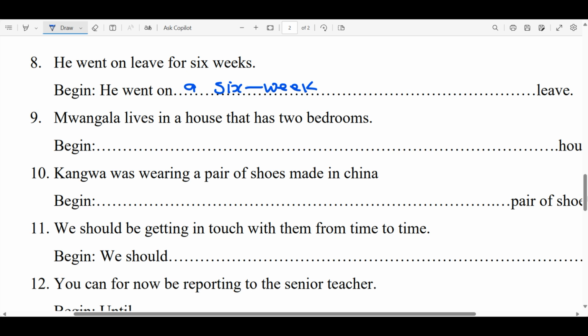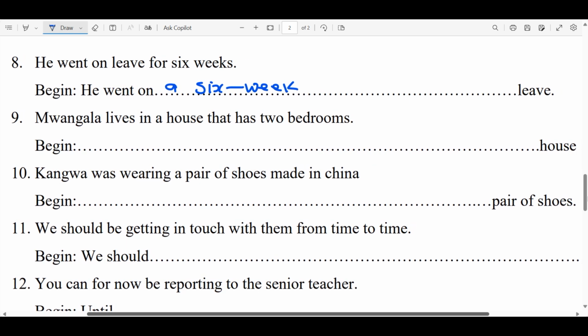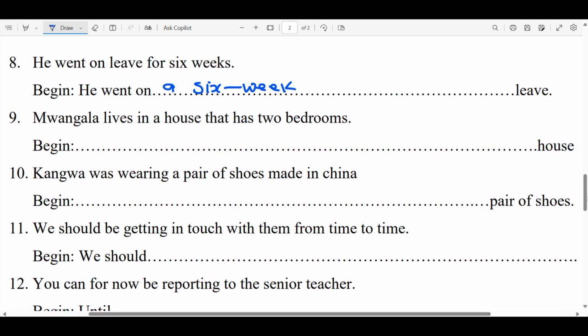Now we move on to number 9. Mwangala lives in a house that has 2 bedrooms. Then begin, ending with the word house. So we're going to say Mwangala lives in a 2-bedroom house. So from bedrooms it has to be bedroom. Mwangala lives in a 2-bedroom house.